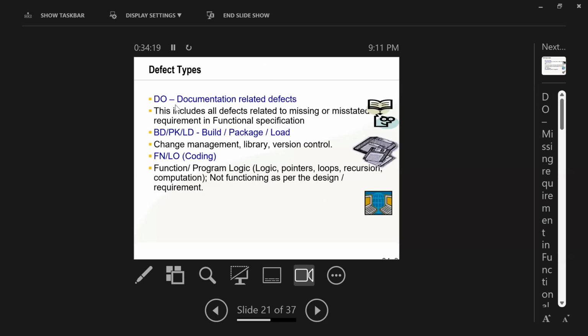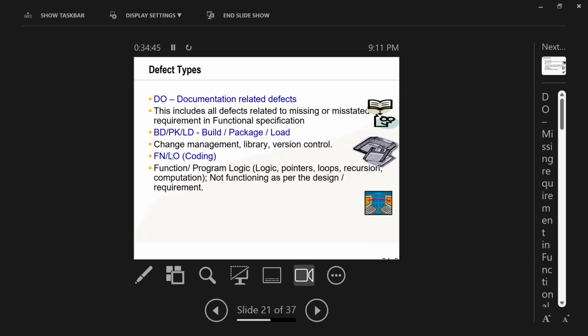Defect types: documentation related defects, BD, PKLD: bug, build, package, load, okay? Performance defects. Documentation related includes all defects related to missing or misstated requirements in the functional specification.